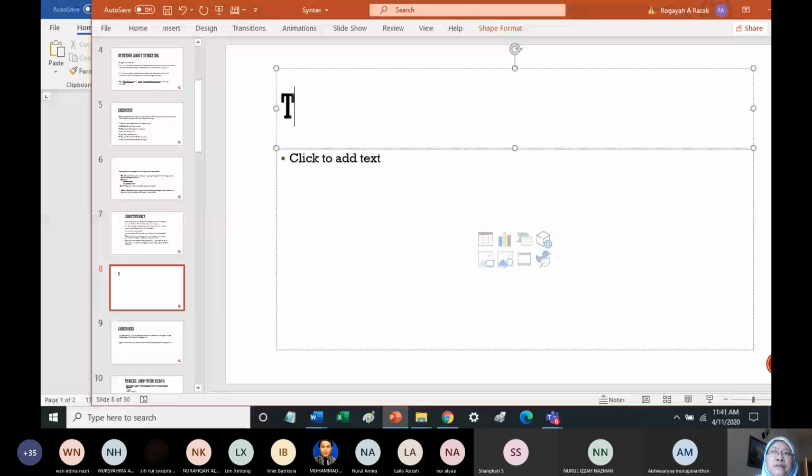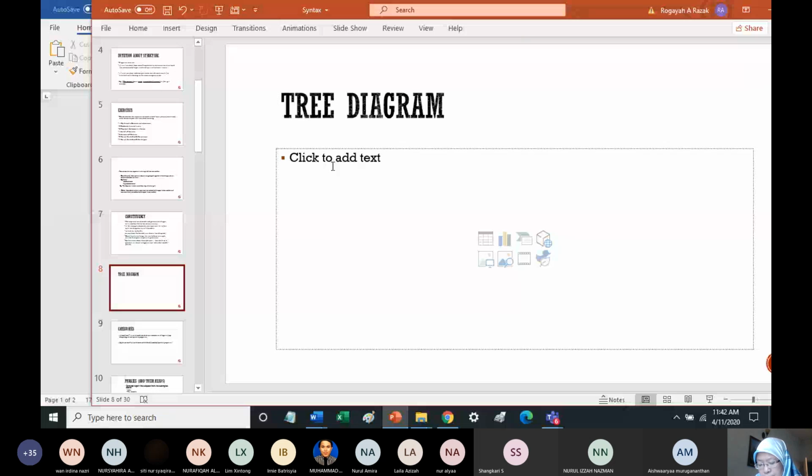So in syntax, we also draw tree diagrams, and your tree diagram is always based on your constituents. So let's say I want to draw, she cut the cloth with the scissors. So I'm going to draw a tree diagram.